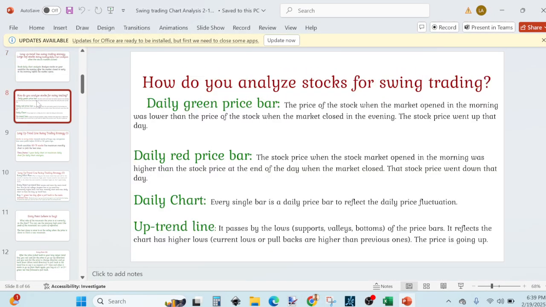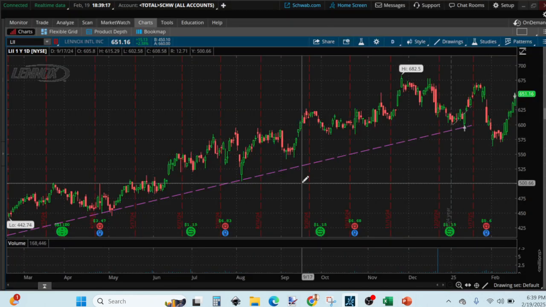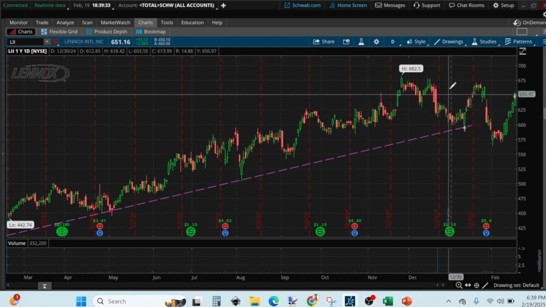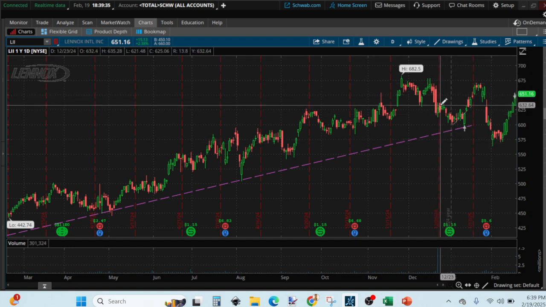So our uptrend line swing trading strategy, just to summarize it, is all about tracing your uptrend lines on large cap upward stocks. It doesn't have to be large cap, but if you are a beginner swing trader, it's good to start with large cap so that you don't deal with a lot of volatility.